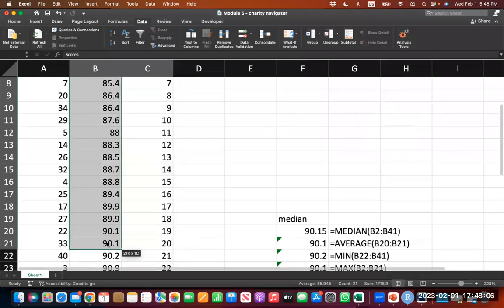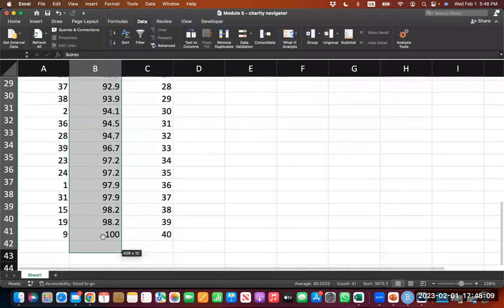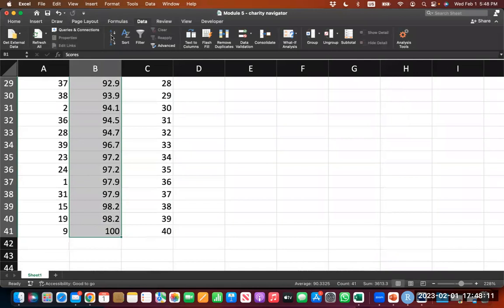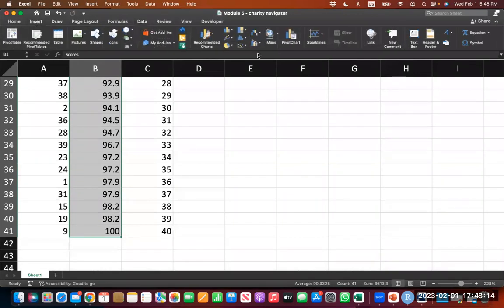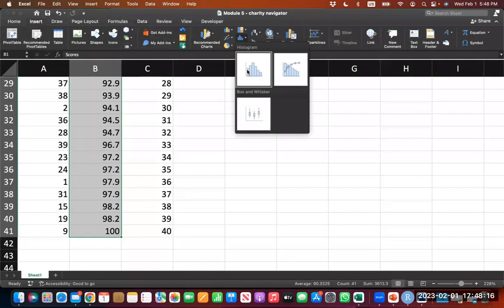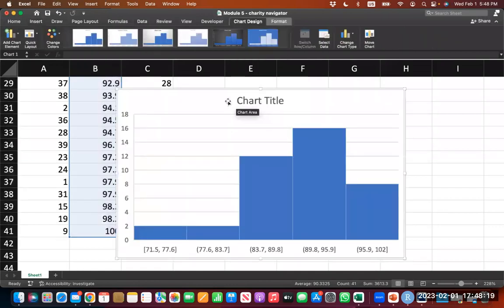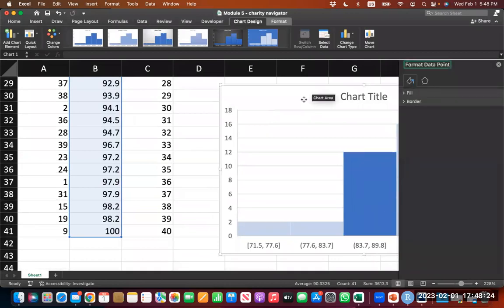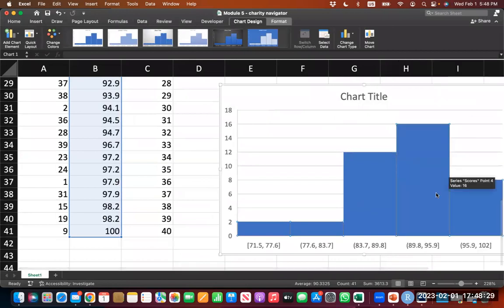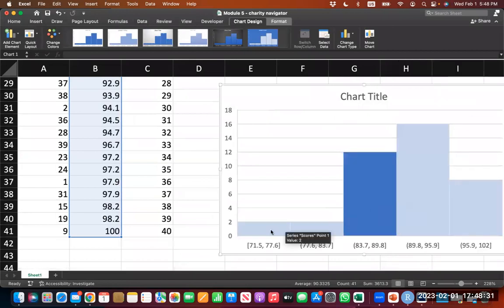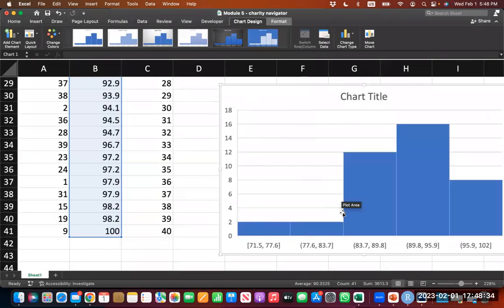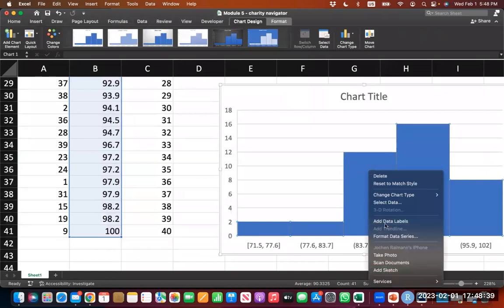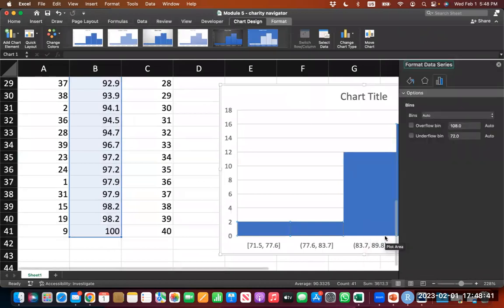We can actually show this. We did a histogram the other day, so we can insert one and show this data as a histogram. We can change the bins on the performance data series.